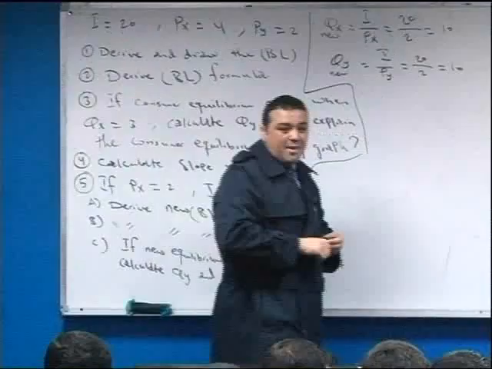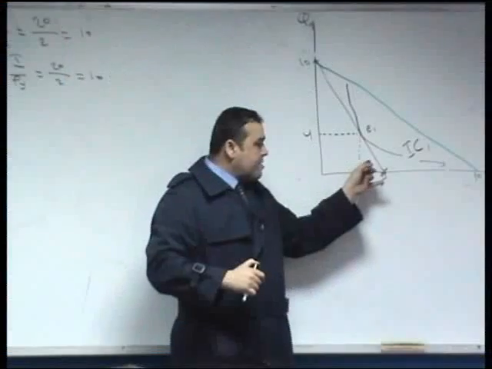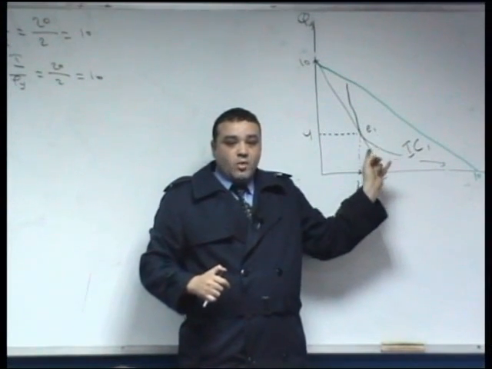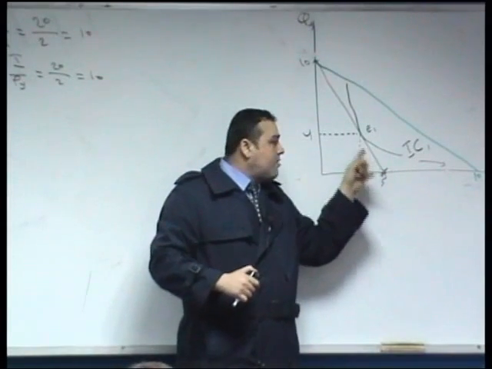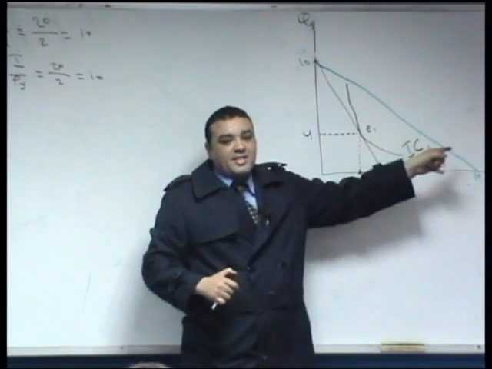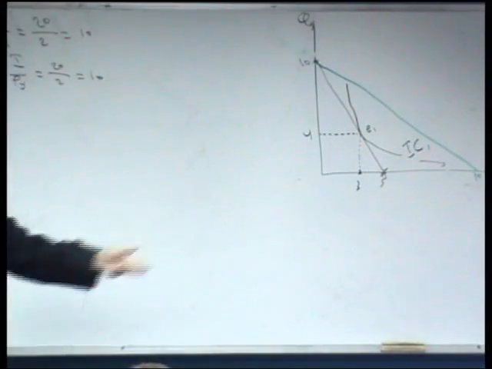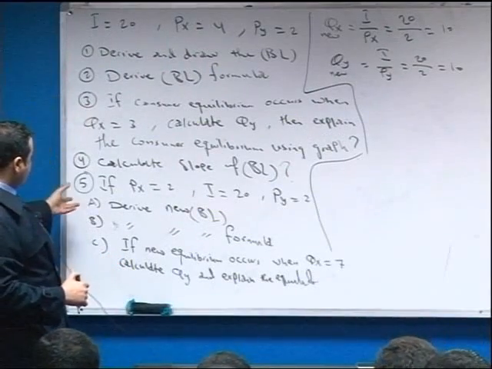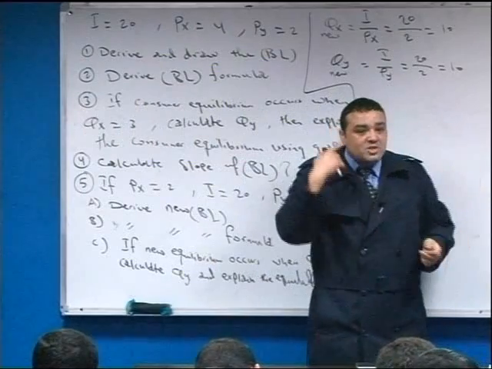Right? What about the slope? Do a comparison between the slope of budget line 1 and budget line 2. The slope of budget line 1 is larger than the slope of budget line 2. And let's calculate it after we complete the solution, deriving the budget line formula.